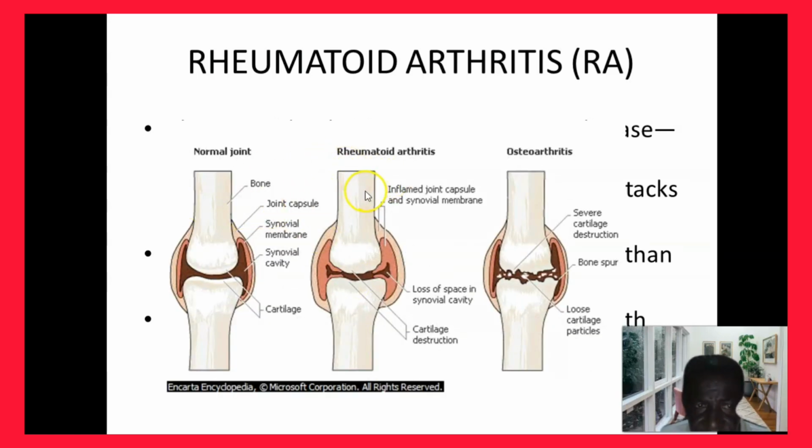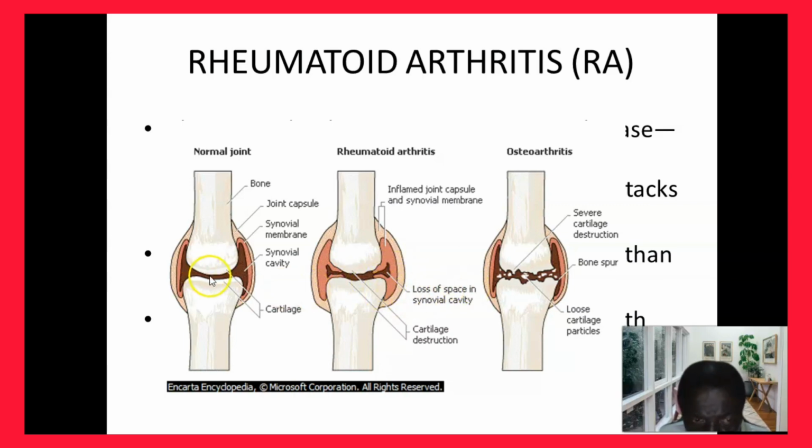This is rheumatoid arthritis. Unlike where you find the problem as a result of the cartilage, here it is not the cartilage, but more of an attack on the inflamed joint capsule and synovial fluid. The place becomes swollen, with a sudden loss of space, so it is rather stiff, but you can still see the cartilage is not the one affected, but the fluid.